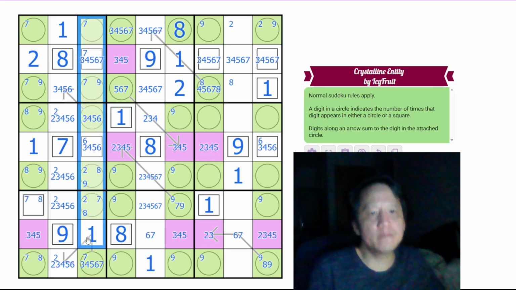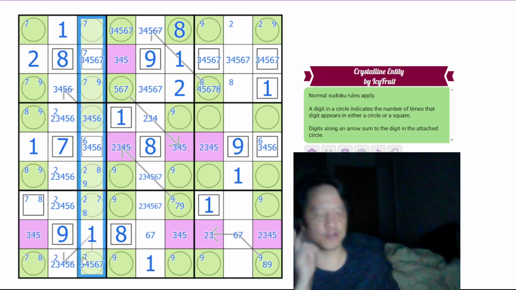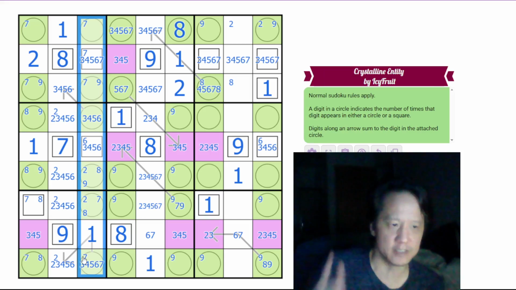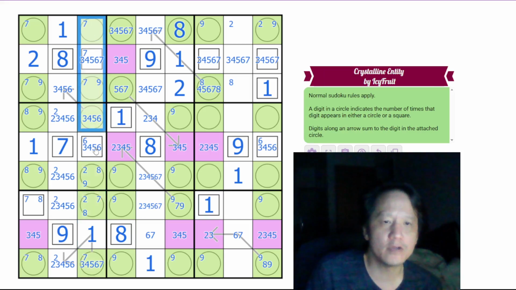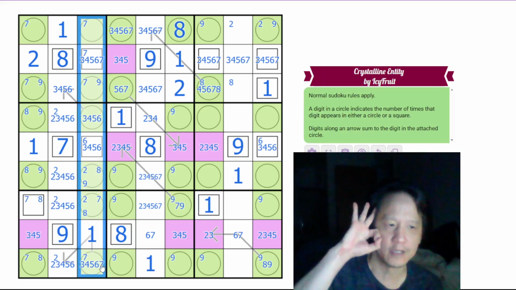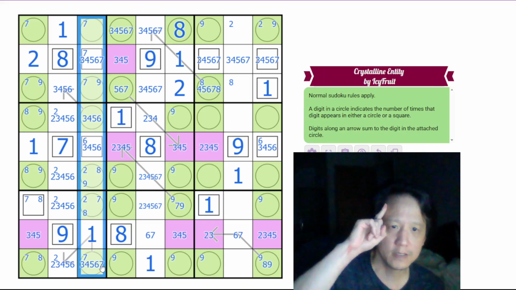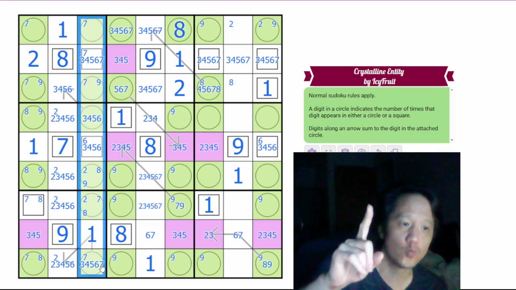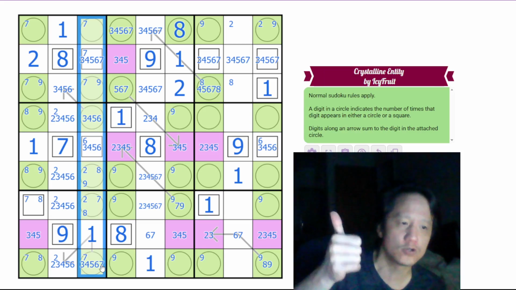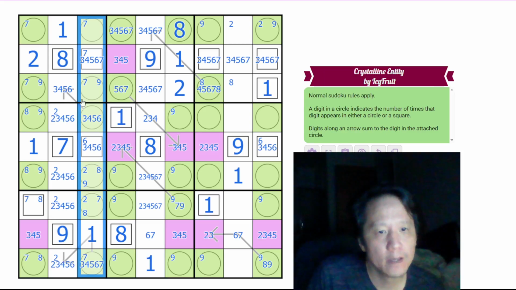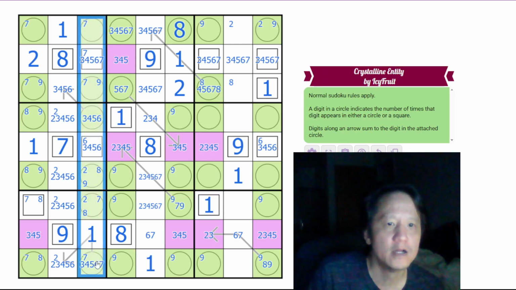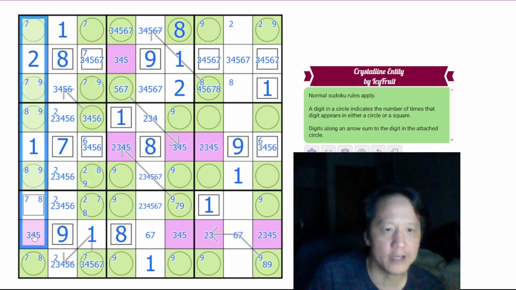So now we're looking at 3s. Where can 3s be? You can only have 3 3s in a circle or square, right? We know we have a 3 guaranteed in column 3. In column 1, we have 1 space open. In column 4, we have 2 spaces open.